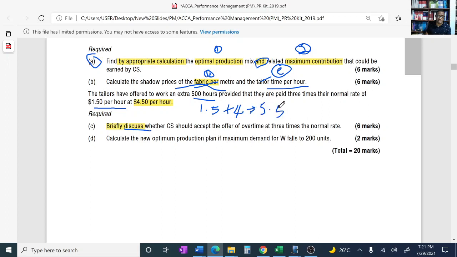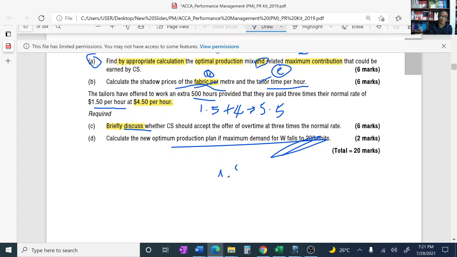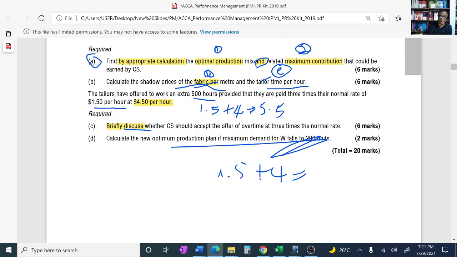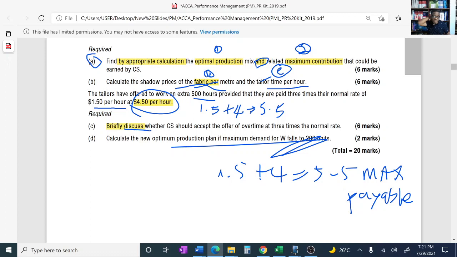Just bear with me, I'm trying to use the cursor to write because my pen stopped working. Okay, it's working. So 1.5 plus 4 gives us 5.5, which then becomes the maximum payable. So if they are asking for 4.5, it is still within the maximum, meaning we can afford to pay and still make some extra returns.